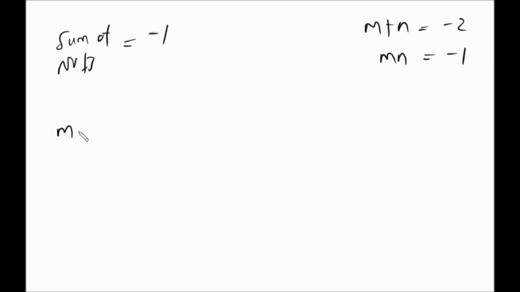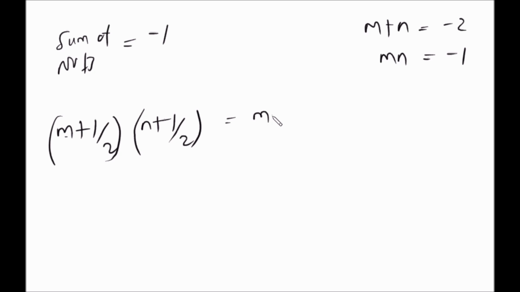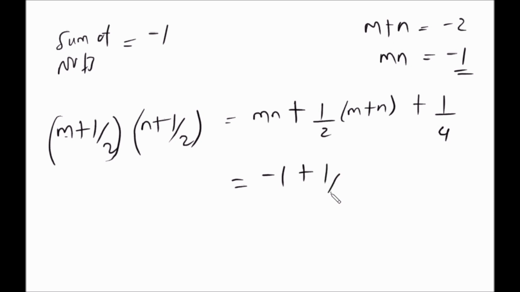Now the product of roots: we take m plus half times n plus half. That will be mn plus half of m plus n plus 1 over 4. So mn is negative 1, plus half of m plus n, which is negative 2, plus 1 over 4.